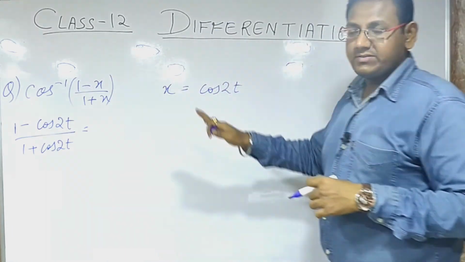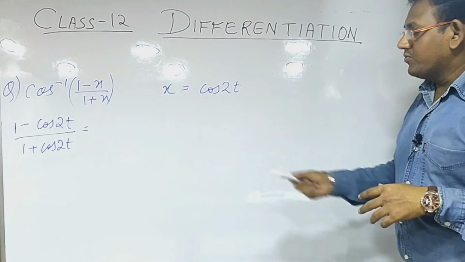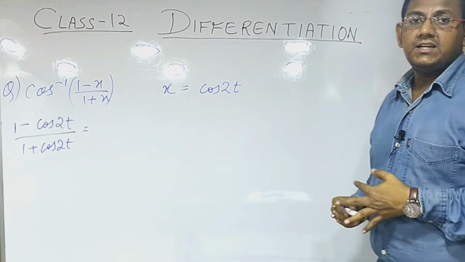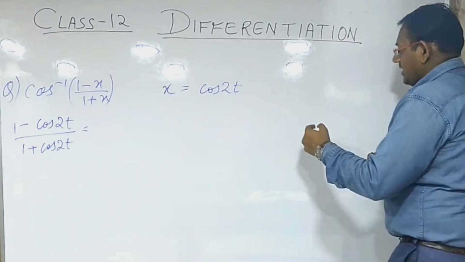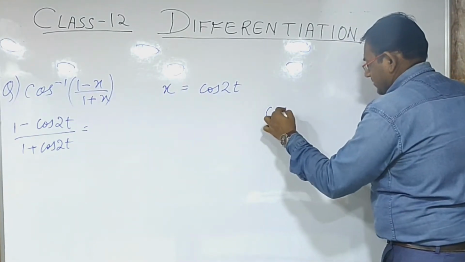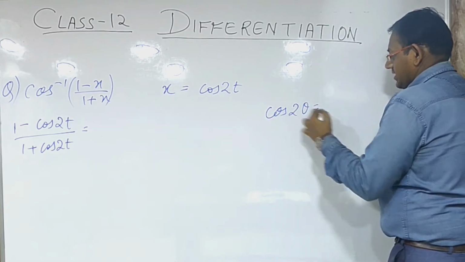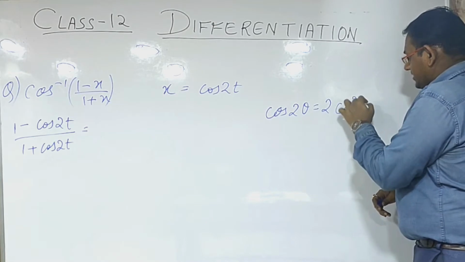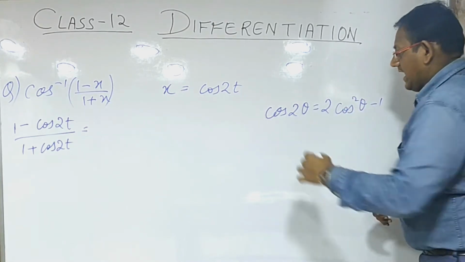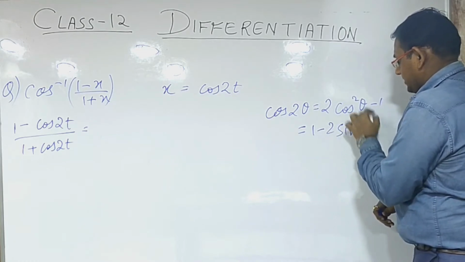Now if I am going to substitute this, I need two more formulas present in the multiple and submultiple angles part. Let us recapitulate a little. Cos 2 theta was 2 cos square theta minus 1 and 1 minus 2 sin square theta.